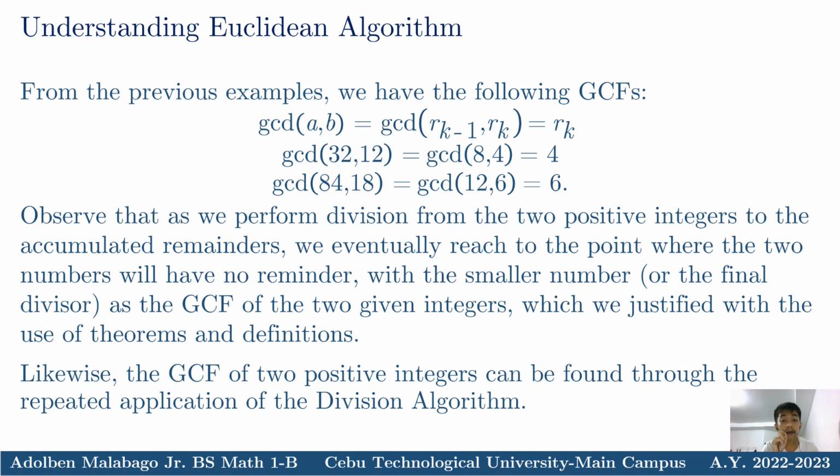Likewise, the GCF of two positive integers can be found through the repeated application of the division algorithm. So that is a long explanation of the theoretical concept of the Euclidean algorithm, which is quite tedious for just finding the GCF of two positive integers, but with a heavier purpose and role for the methods.